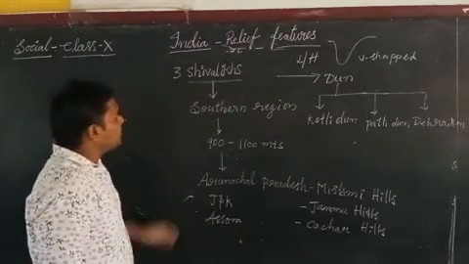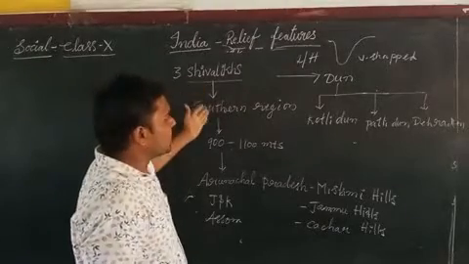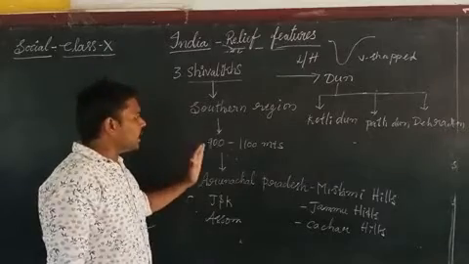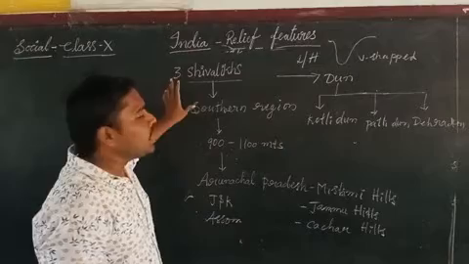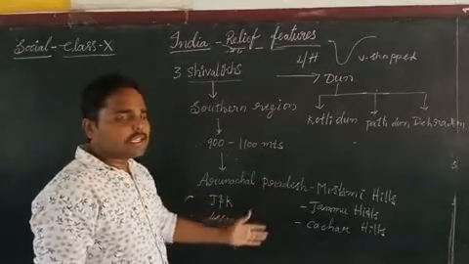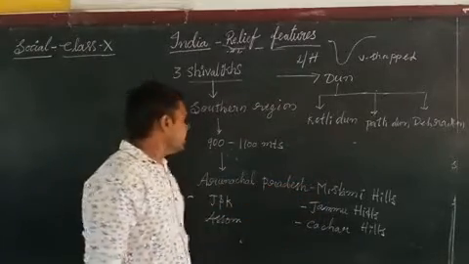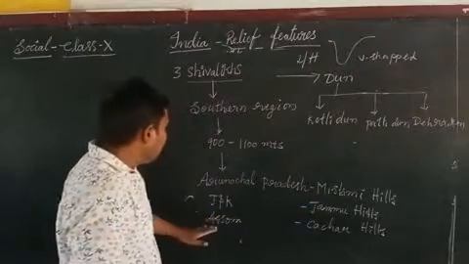Once again, the Shivaliks are the southernmost region of the Himalayas. The average height is 900 to 1100 meters, and they have different names in different regions: Mishmi Hills in Arunachal Pradesh, Jammu Hills in Jammu and Kashmir, and Kachar Hills in the Assam region.